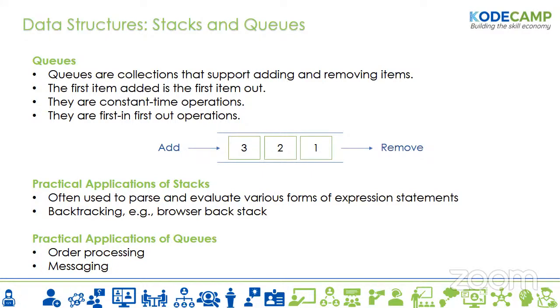So this was the first message you sent, and it should be the first message that goes in. Imagine you're sending multiple messages over WhatsApp and the message is not coming in the order in which you sent it. That will not be a correct implementation. So there you want to use a queue. First in, first out. What was sent first should be what you deliver first. That's an example of a queue in practical terms.